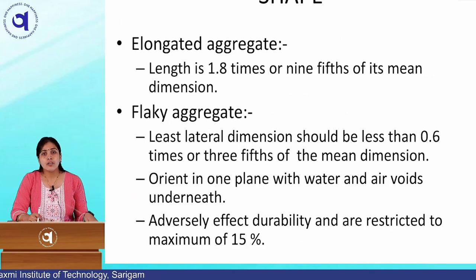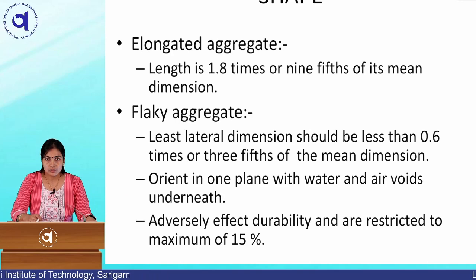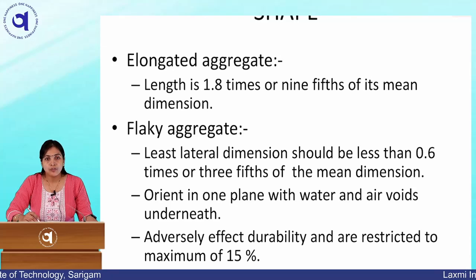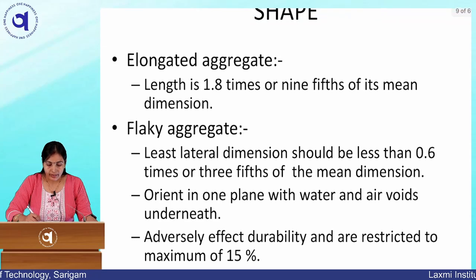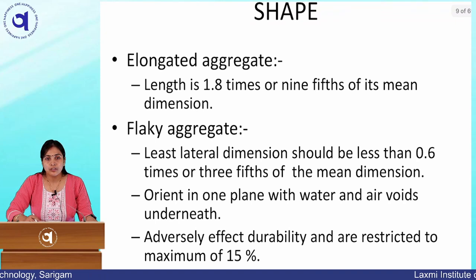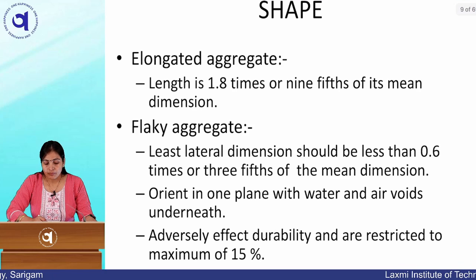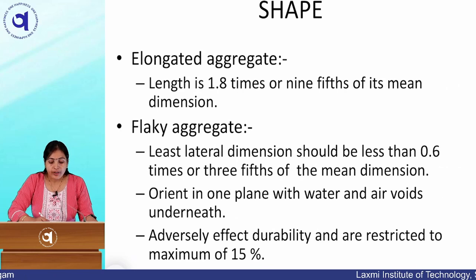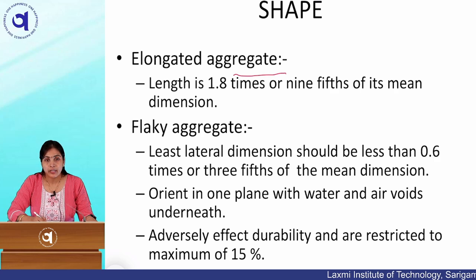If we talk about the shape of the aggregate, we have mostly two shapes of aggregate, and we have done the practical based on this, the elongation index test and flakiness index test.